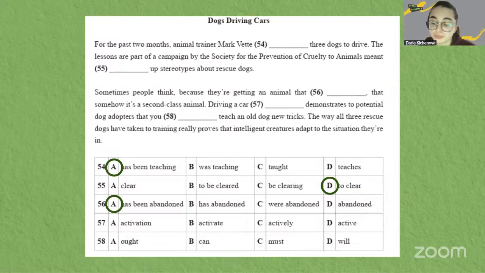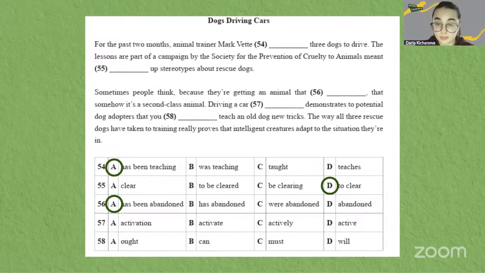So let's move on and take a look at 57. There we already work with parts of speech: activation, noun; activate, that is a verb; actively, adverb; and active, adjective. So there we are talking about driving a car. And we have a question. Does this word describe an action or a noun?